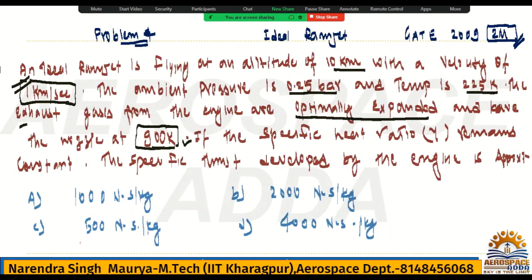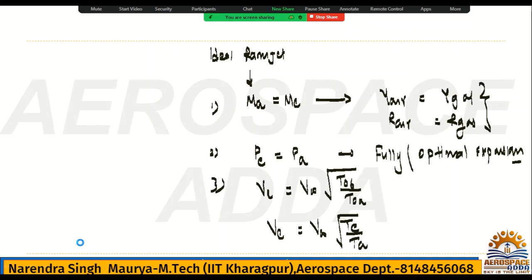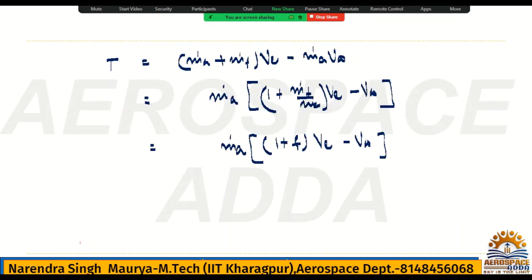Here neither mass flow rate of fuel nor fuel air ratio is given, so you can neglect it. I told you that earlier also. So this part is also 0. So you will have m dot a in bracket, VE minus V infinity, and this is the thrust.